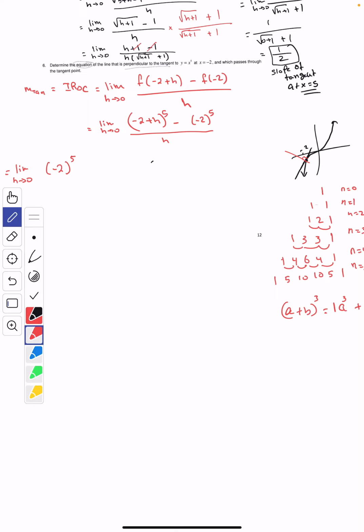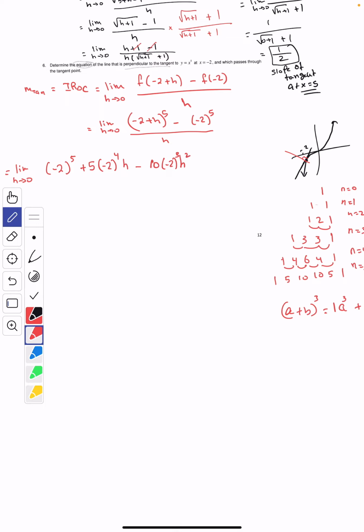Then I have my second term, which is going to have a leading coefficient of 5, and then negative 2 to the power of 4, and then h just to the power of 1. Then the third term is going to have a coefficient of 10, and negative 2 to the power of 3, h to the power of 2.